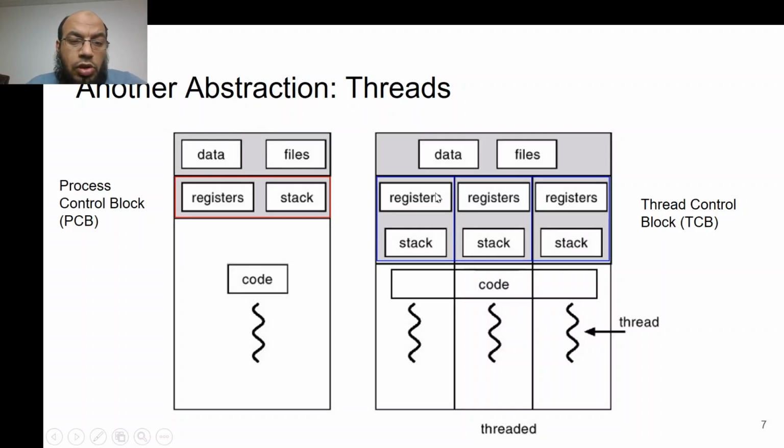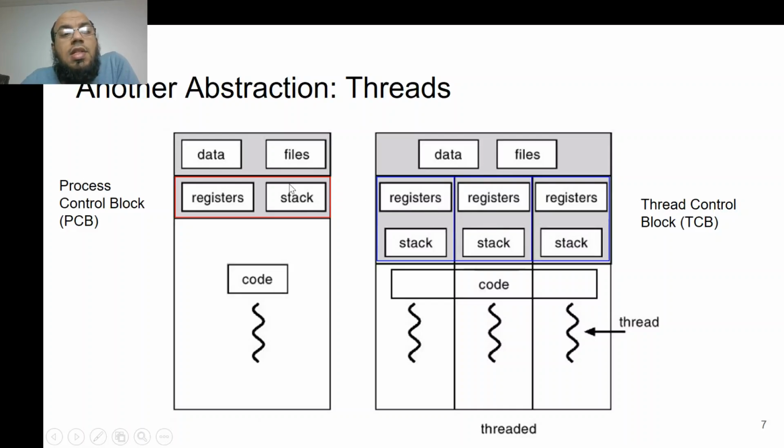If you compare a process to a thread, a process control block will have registers, stack, and code, while a multi-threaded program will have multiple TCBs. Here is an interesting thing, and when we go back to our Linux lectures, we'll look at that in the PCB. The process control block basically links to the different TCBs.